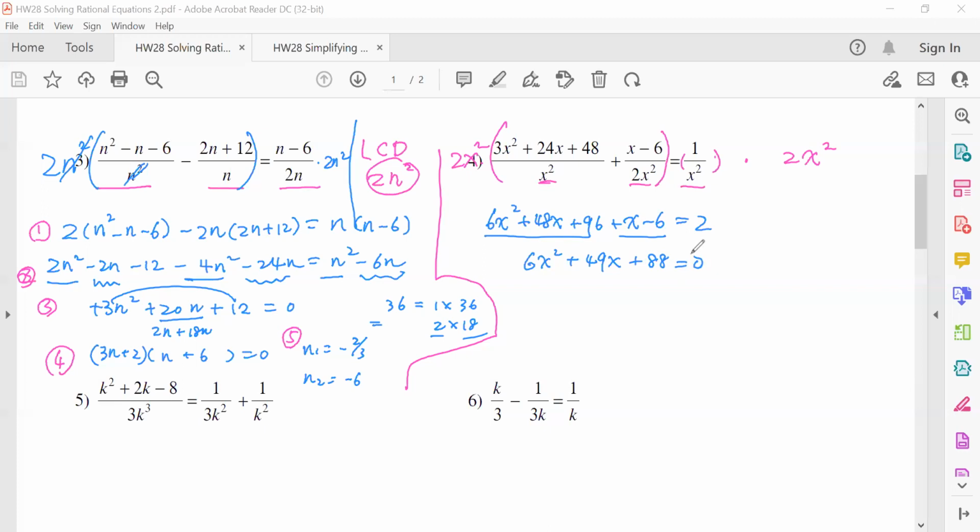Right? Okay. So this one is a little bit complicated, right? A little bit big numbers, two big numbers. So you guys need to spend some time on how to factor. So 6 times 88. You need to find two numbers whose sum equals 49.